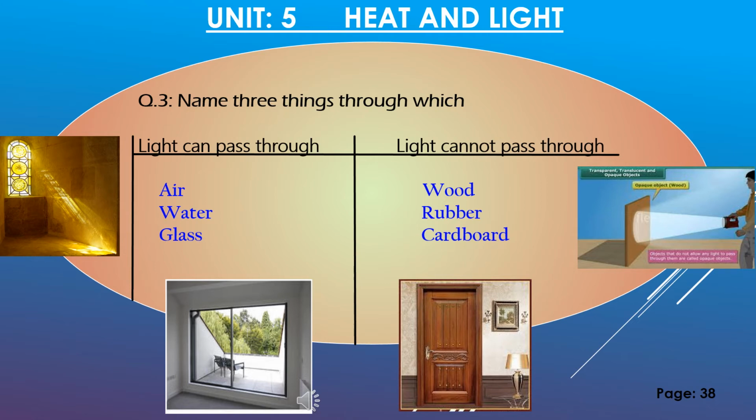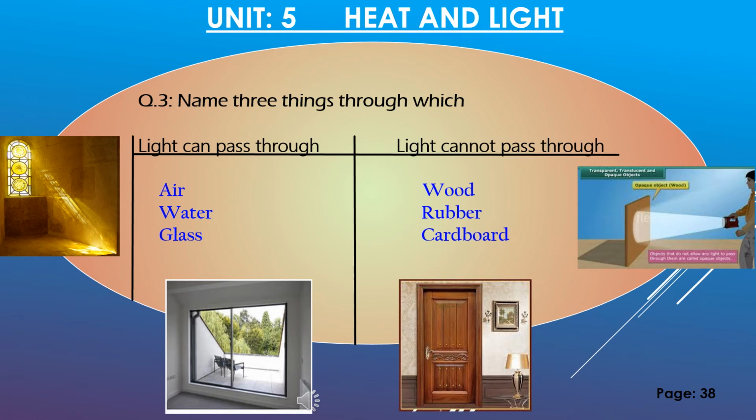On page 38, you can see this question. Question number 3, name 3 things through which light can pass through, and write the name of any 3 things through which light cannot pass through.